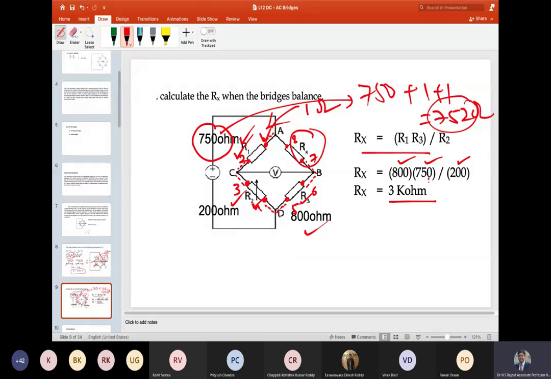If I make this one 752, this one 802, this one 202, as a thumb rule, this value will still not change significantly. Let me see how much it comes to. So still it is 300 ohms.